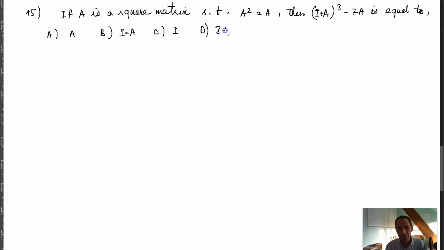Now it's very interesting. I don't really know, but it seems that it works.